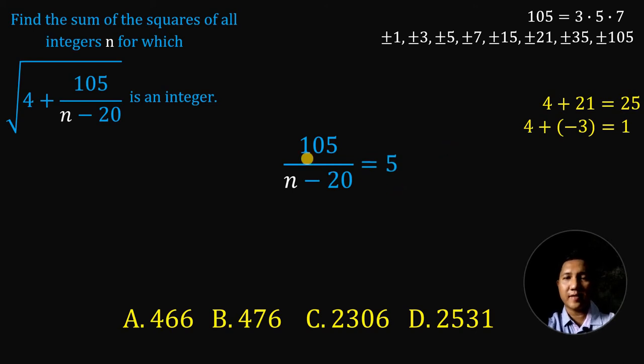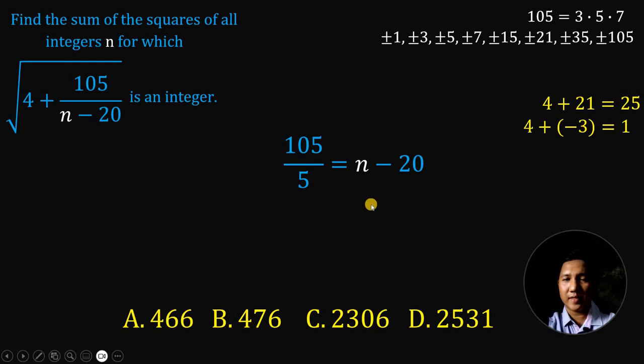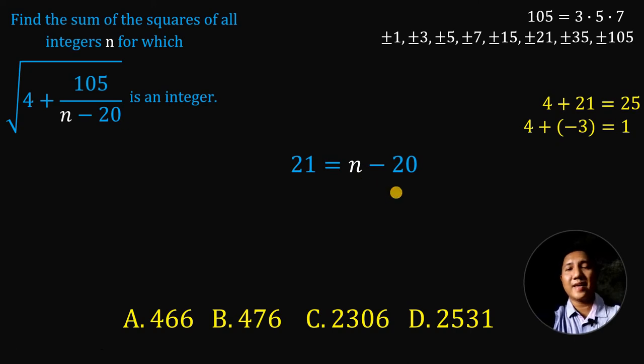Now, we can rewrite this as 105 over 5 equals n - 20. 105 over 5 gives us 21. Now, to get the value of n, let's add 20 on both sides. This gives us n as 21 plus 20, or simply 41. So we have the first value of n.